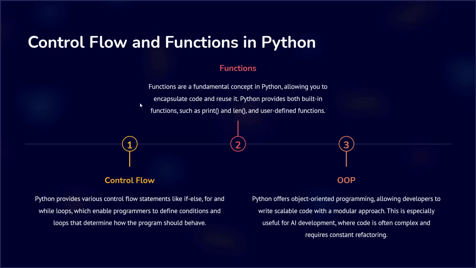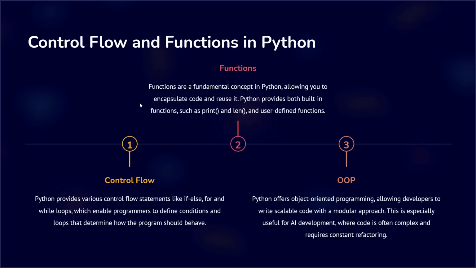Control flow and functions in Python. As I told you, the features and the functions make Python so popular. These are also things which we will see in detail with the help of code, so you will easily understand what control flow is and what functions are.